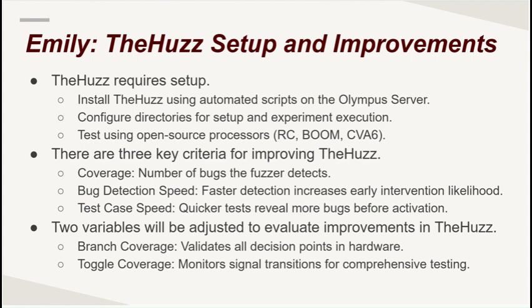Those features are the branch coverage, which makes sure all parts of the hardware are tested, and the toggle coverage, which tracks signals to ensure the testing is thorough. This process helps us improve the HUZ to make it more effective at finding and fixing hardware issues.